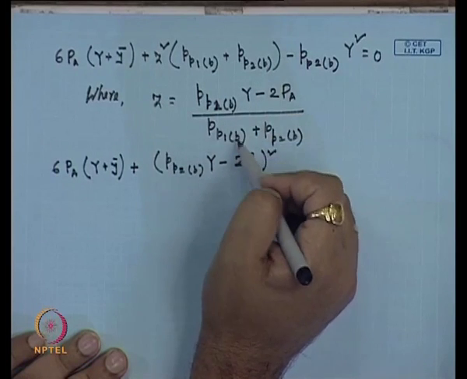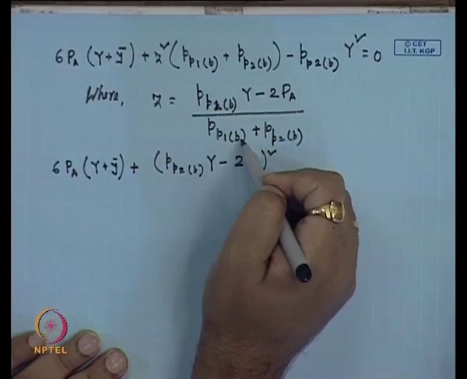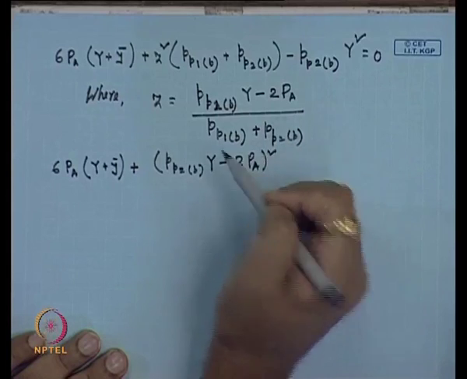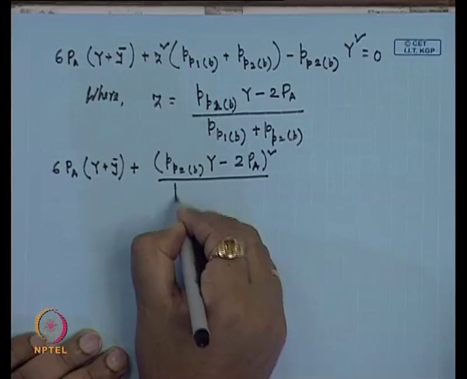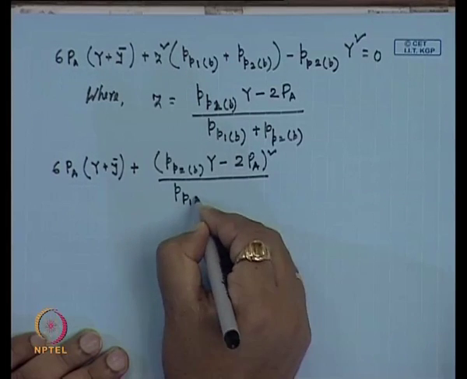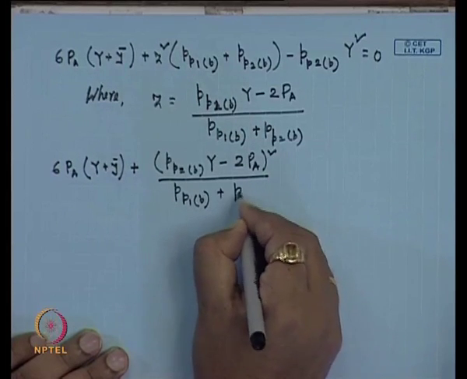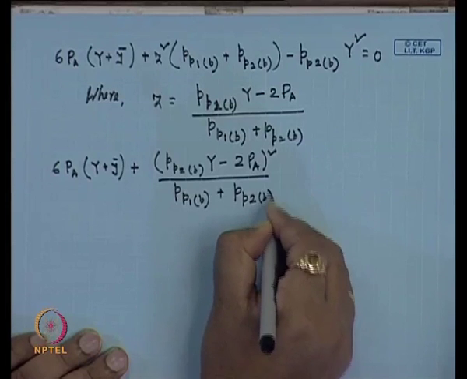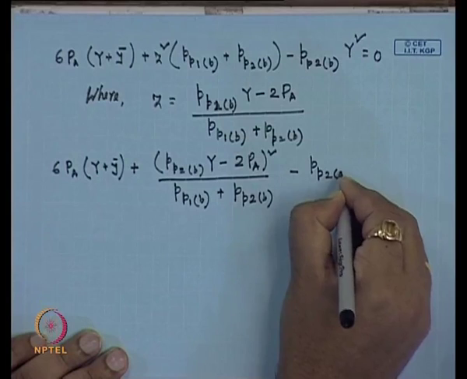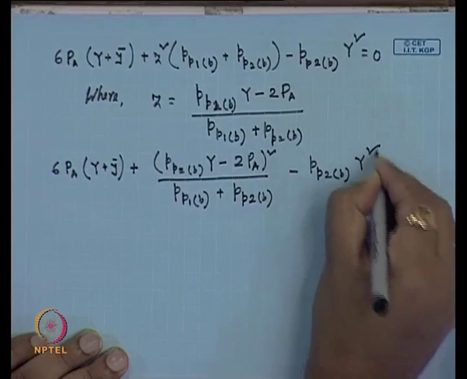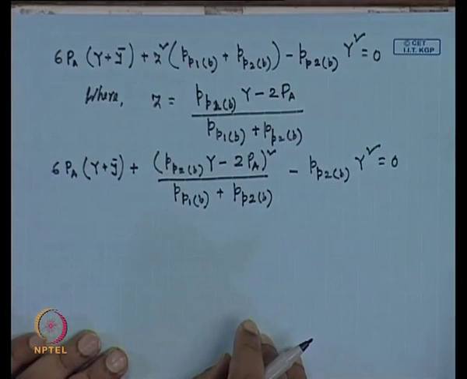So, one factor of P_P1B plus P_P2B from the lower part will cancel. We can write this whole square divided by (P_P1B + P_P2B) minus P_P2B capital Y square is equal to 0.